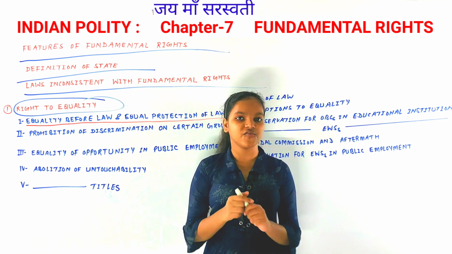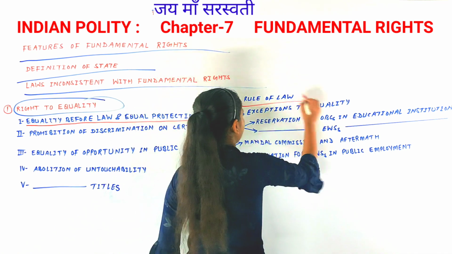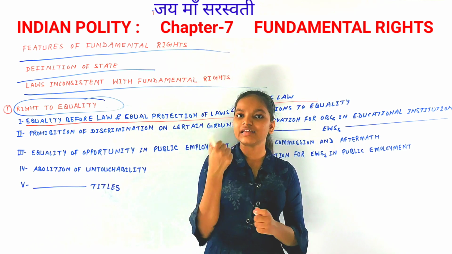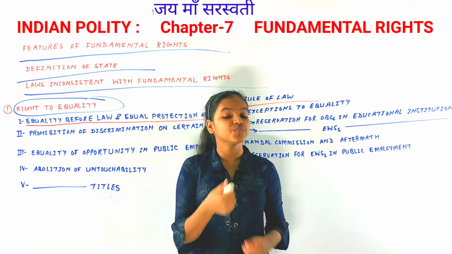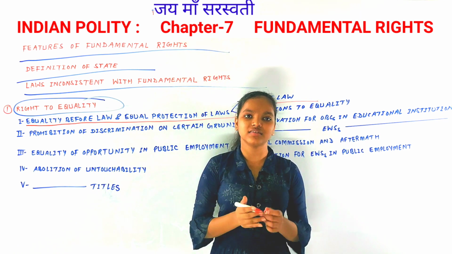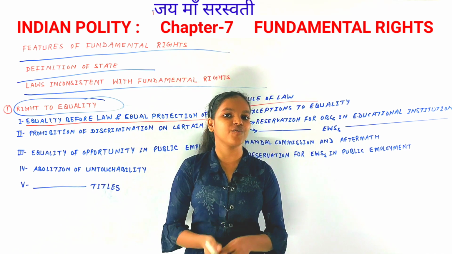In this there is a concept of rule of law. So what is rule of law? Equality before law is an element of rule of law that was propounded by A.V. Dicey, a British jurist. There are mainly three provisions for rule of law.